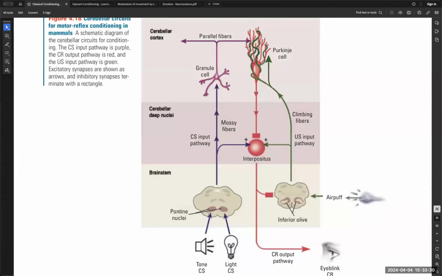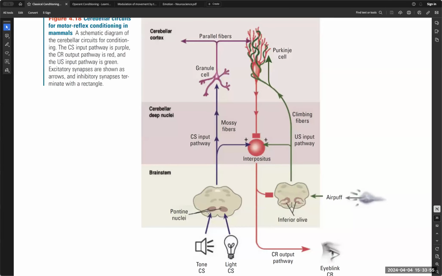eyeblink conditioning. The eyeblink conditioning comes through the inferior olive, which, if you remember, is the error correction, and the climbing fiber coming from the inferior olive also wraps around the Purkinje cell. So we have two sources of input: the CS and the US, and then ultimately the UR.